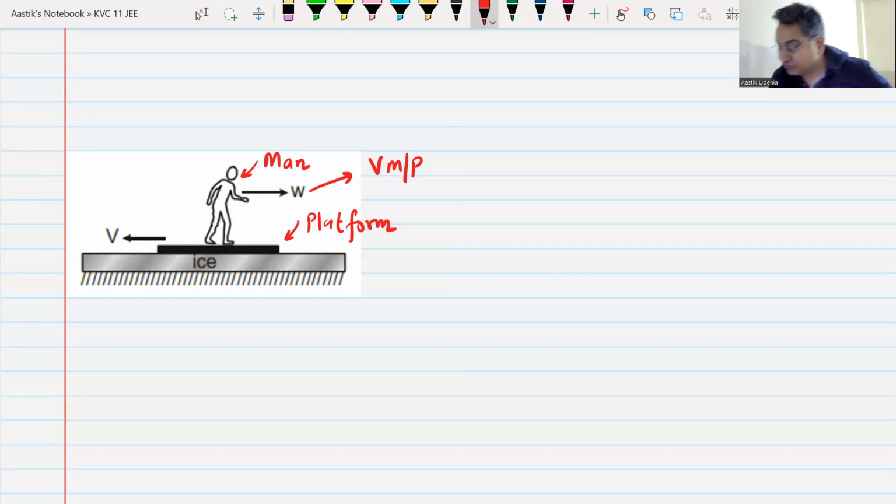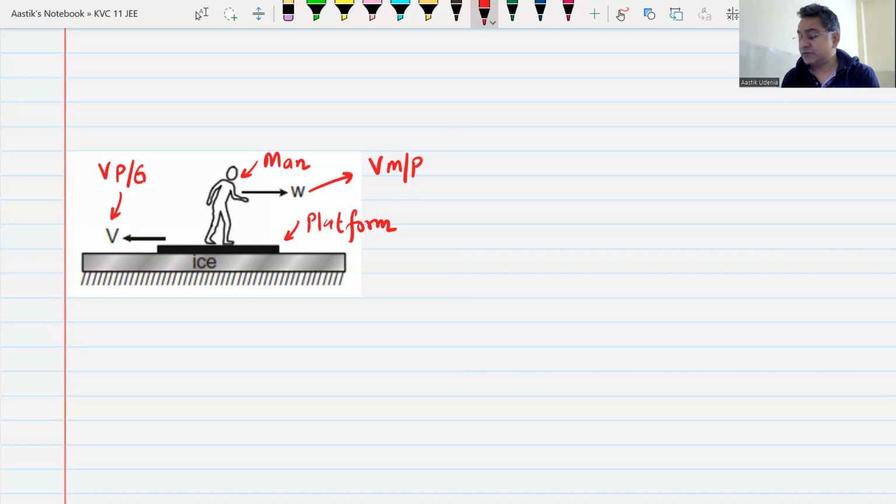The man is moving. This capital V is the velocity of the platform with respect to the ground. So you can understand this as the recoil velocity. When the man walks, the platform goes back. Do we understand this?